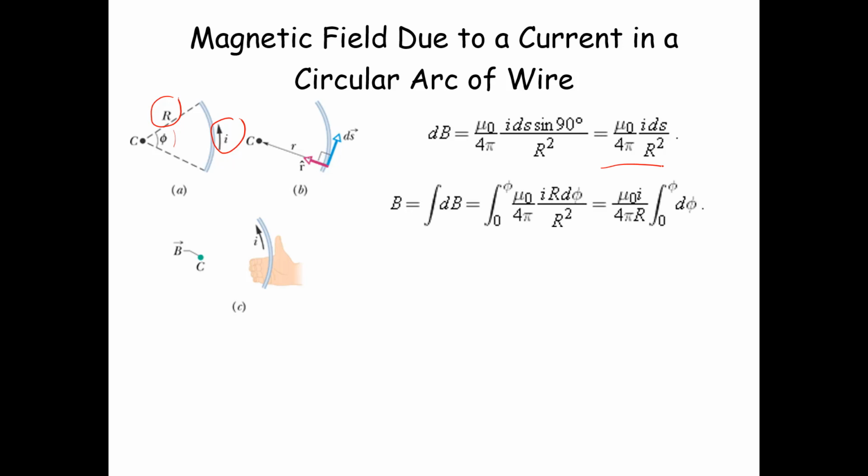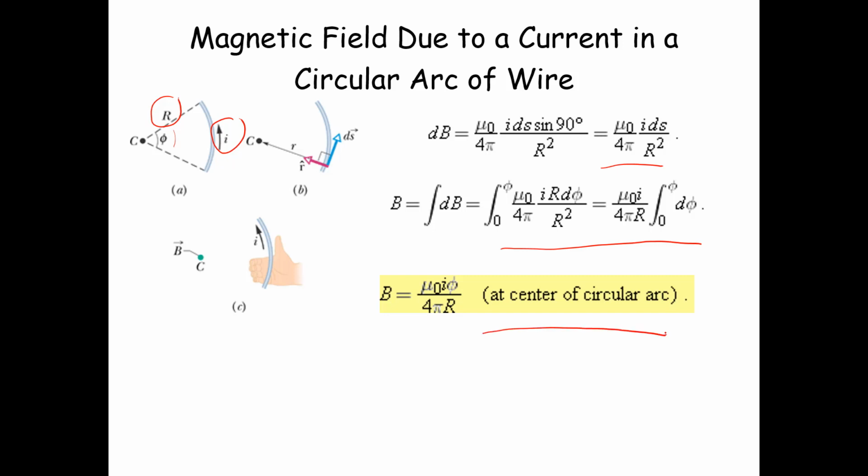And then to get the B, we make integration of this equation, so we get mu 0 I per 4 pi R, integral 0 to theta d theta. So we get that B is equal to mu 0 I theta per 4 pi R. So this is at the center of the circular arc. Here the magnetic field magnitude is this one.